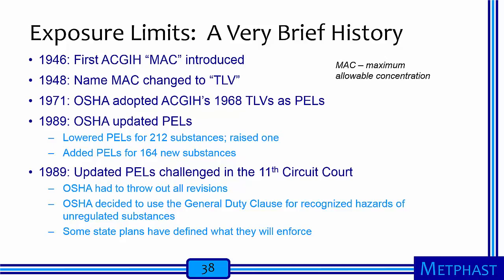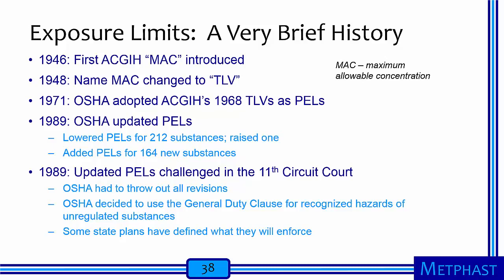Here, I provide a very brief history of exposure limits in the U.S. The first ACGIH MAC, or maximum allowable concentration, was put forth in 1946. In 1948, the name MAC was changed to threshold limit value, or TLV.